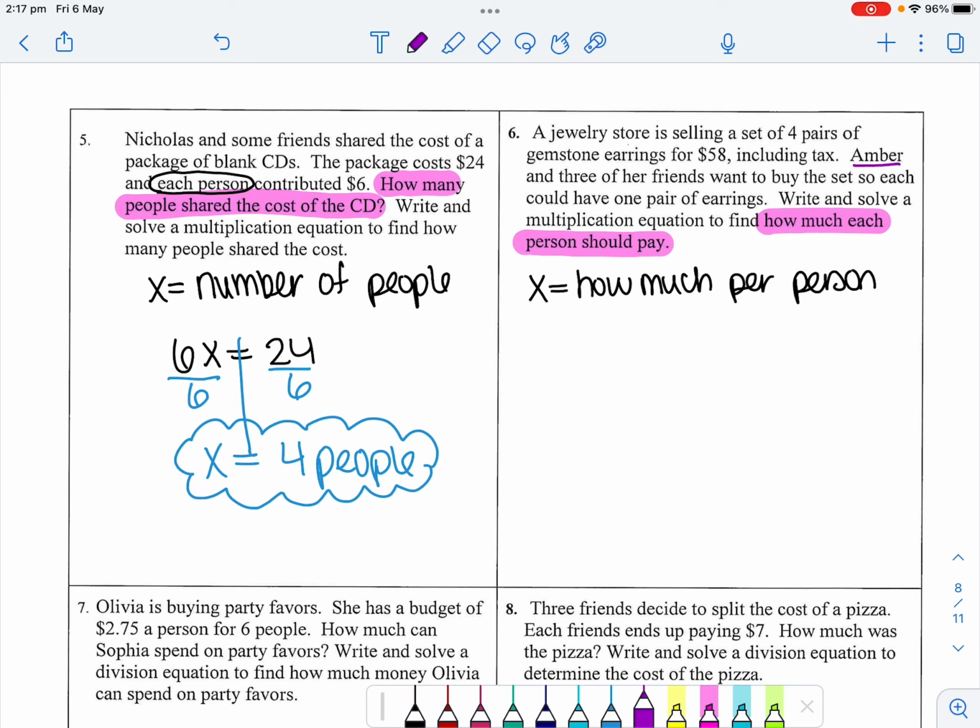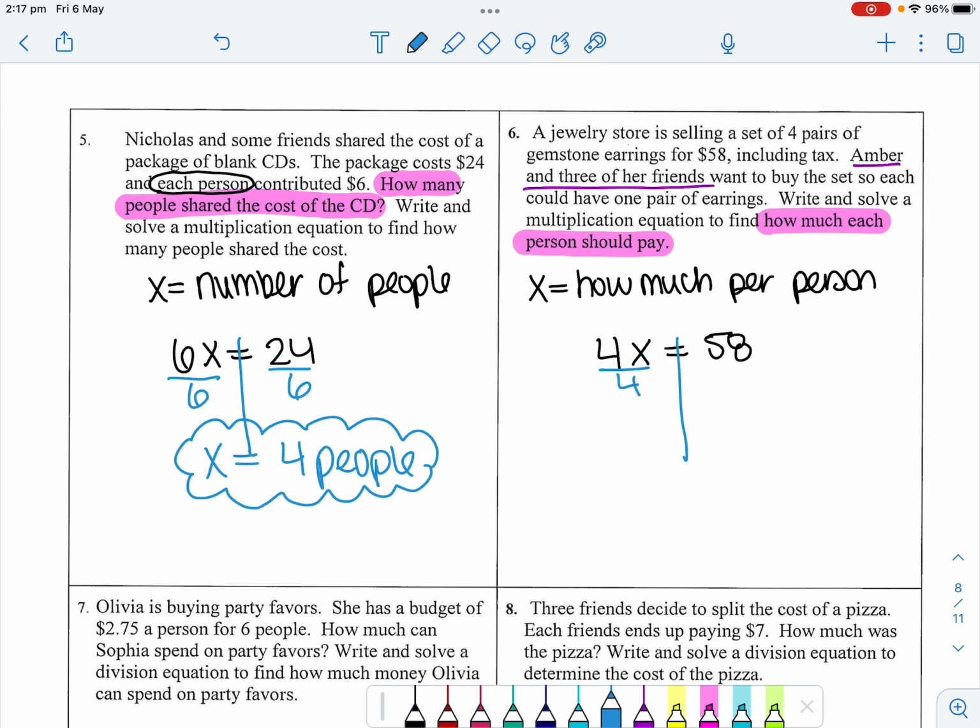We do have to focus on Amber and her friends. So it says Amber and 3 of her friends. So there are 4 people total. So that's going to be 4x. So how many people times how much per person is equal to the total cost of the earrings. So even though there's a 4 in the problem, it's representing the 4 people, not the 4 sets of earrings.